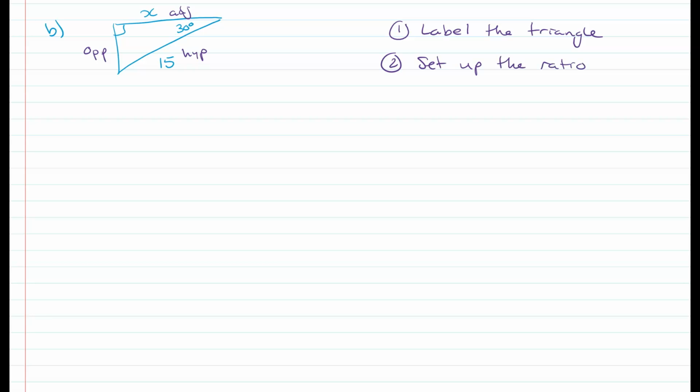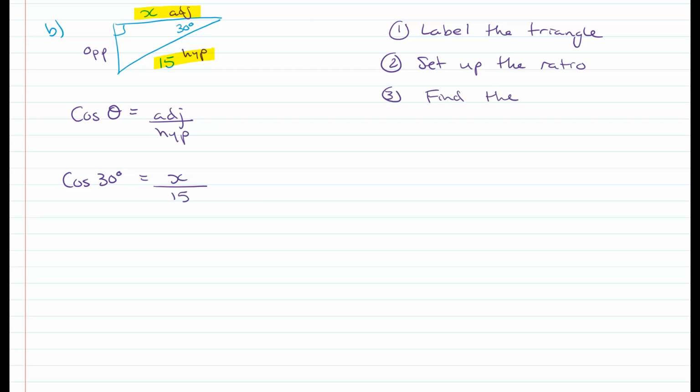So I'm going to look and decide which ratio I should use. So I've got the adjacent and the hypotenuse involved. So that is going to be the cosine ratio. So cos theta equals adjacent divided by hypotenuse. I'm going to plug in my known values. Cos of 30 degrees equals x over 15.